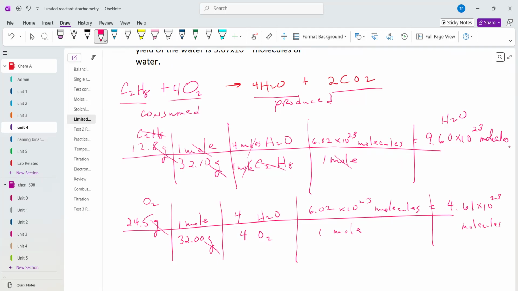Okay, so it looks like oxygen is going to be our limiting reactant. It produces less.